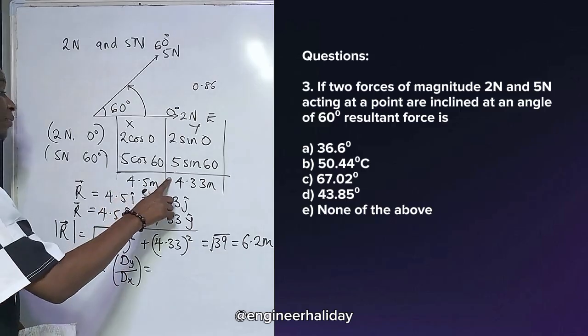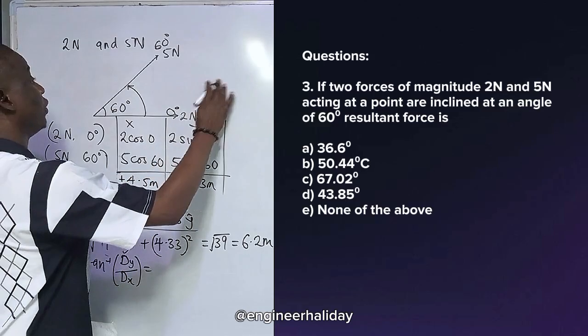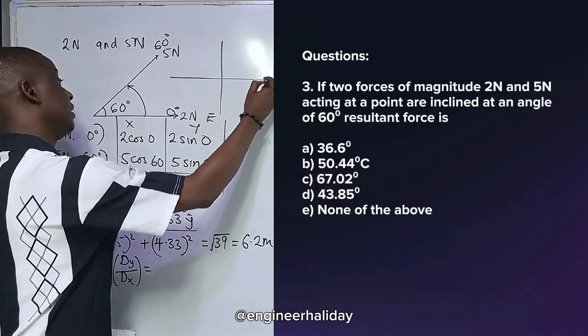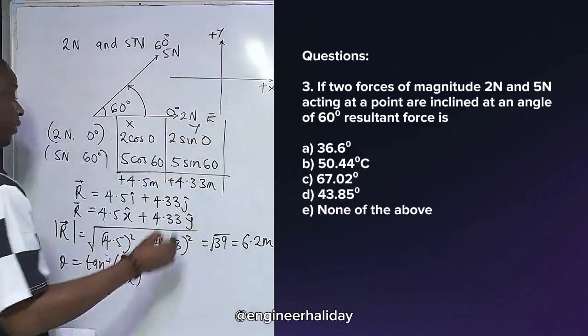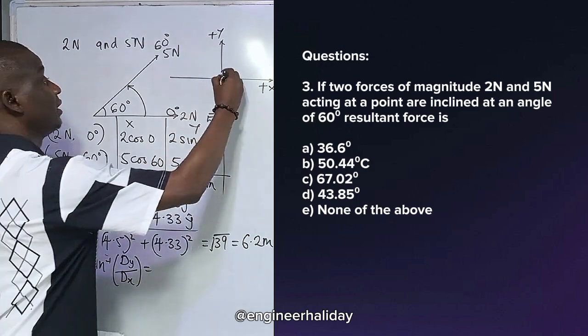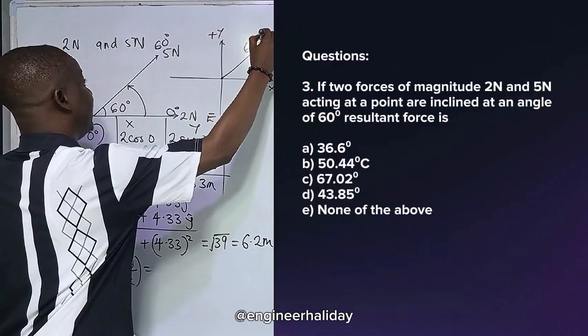Because x is positive and y is positive, the resultant should be in the first quadrant, with magnitude 6.2.